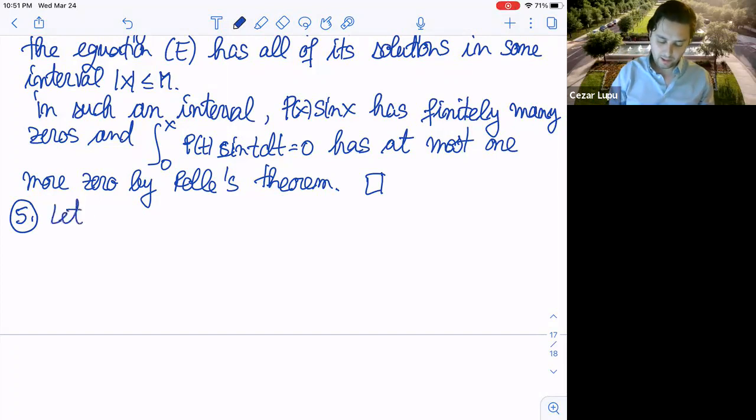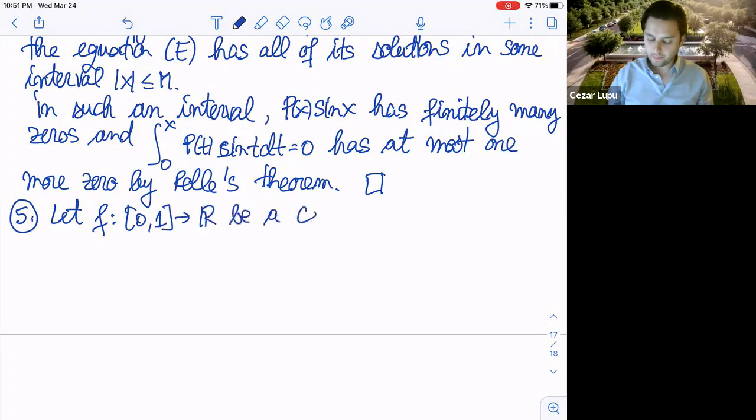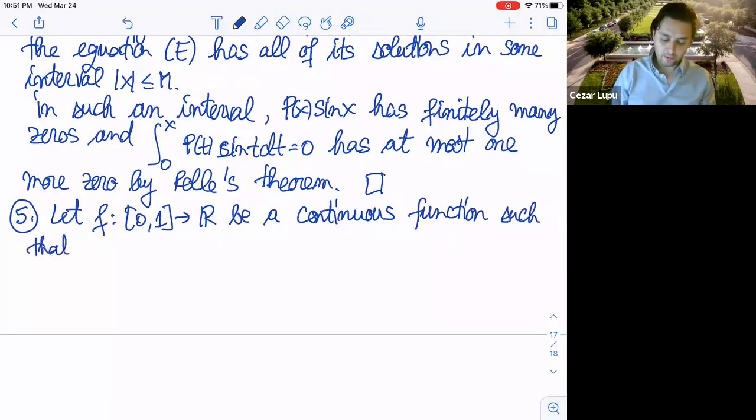Let f defined on [0, 1] and real valued be a continuous function such that the integral from 0 to 1 of f is 0.